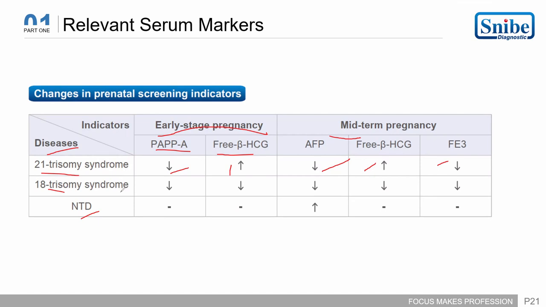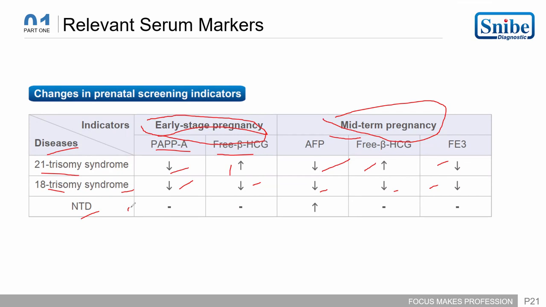In case of trisomy 18, as prenatal screening indicators in the early stage and the midterm, PAPP-A is the early stage marker and it shows a decreased value, and free beta HCG is also decreased. But for the midterm pregnancy, alpha fetoprotein, free beta HCG, and free estriol values all go down.